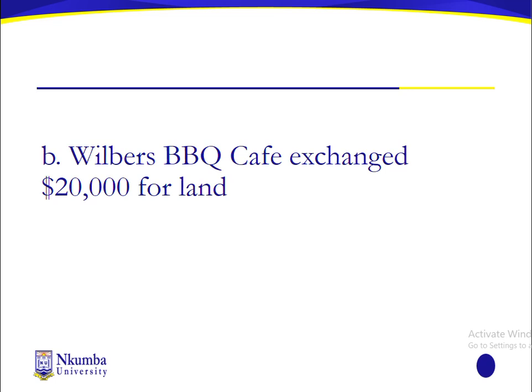Will owner's equity be affected in this transaction? So we say no, it is not going to be affected. Are the liabilities going to be affected? No, they are not going to be affected because we are buying land with cash. If we were buying land on credit, then a liability would arise.